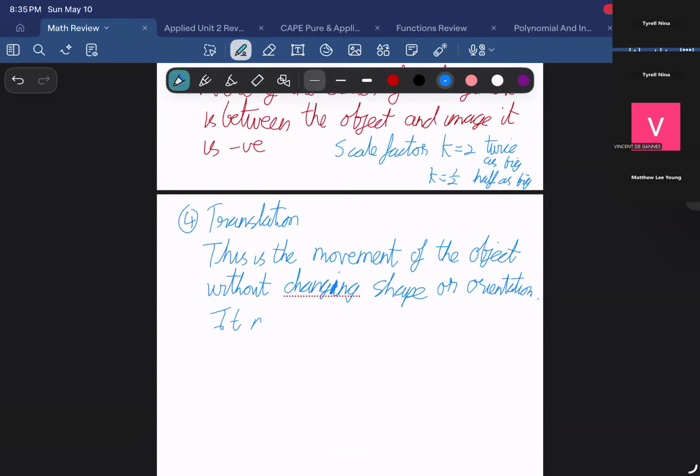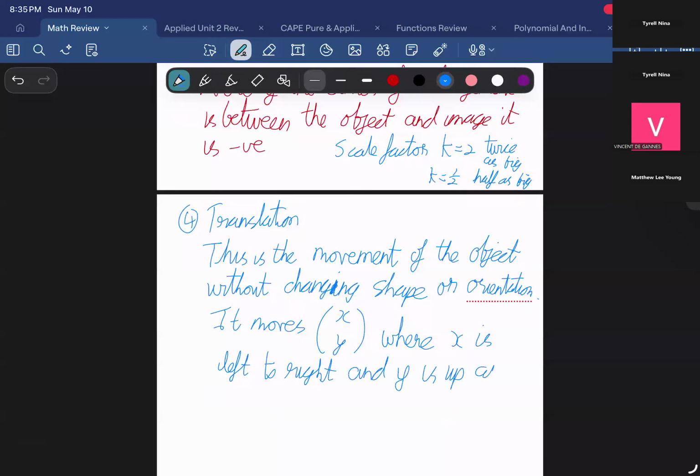It moves XY, where X is left to right, and Y is up, down.